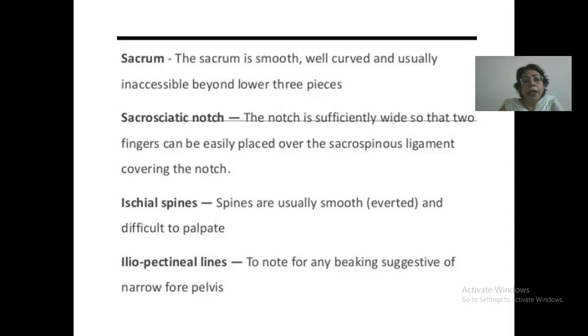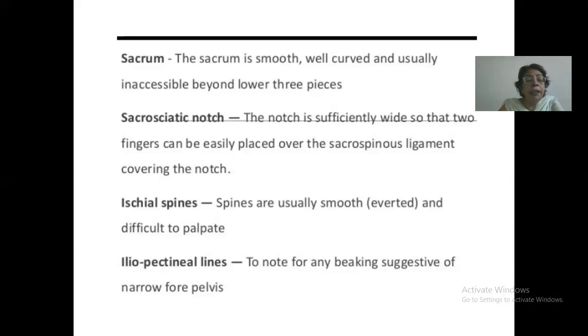Now the sacrosciatic notch is sufficiently wide so that you can place two fingers easily on it over the sacrospinous ligament covering the notch. The ischial spines are usually smooth, everted, and difficult to palpate. Now, if they are inverted, they are jutting inwards, very prominent, the interischial diameter is reduced, then you should think twice about allowing the vaginal delivery.